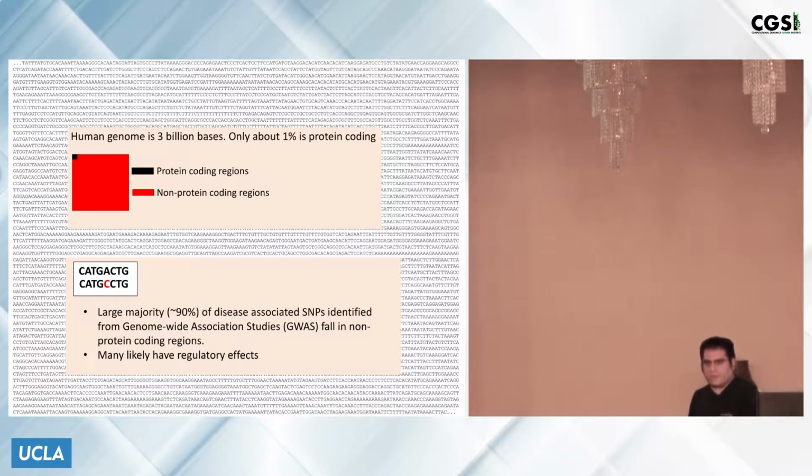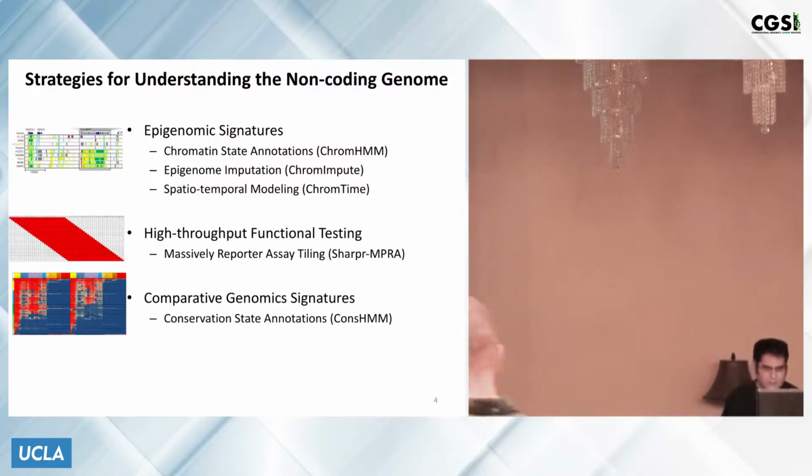It's important to understand this part of the genome, as disease mapping studies such as genome-wide association studies have shown that on the order of 90% of the identified variants fall into these non-protein coding regions of the genome, and many are likely having regulatory effects. So it's important that we understand what mutations in this part of the genome would affect.